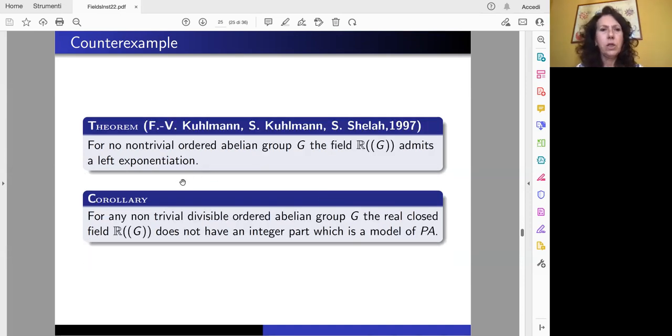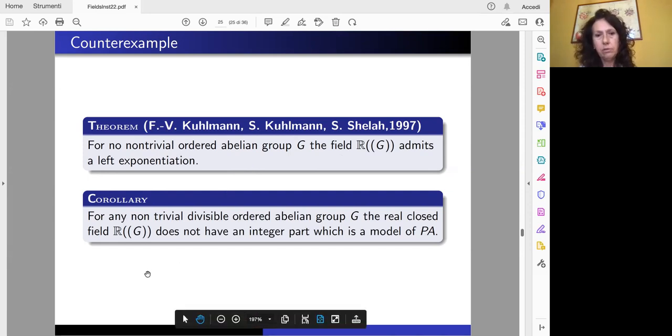And there is a result going back to 97 by Franz Viktor Kuhlmann, Salma Kuhlmann and Shelah, that says that for a non-trivial ordered abelian group G, the power series field over R and G admits a left exponentiation. So if we take this, any of these fields cannot have an integer part which is a model of PA, because having an integer part model of PA, we saw, gives a left exponentiation.